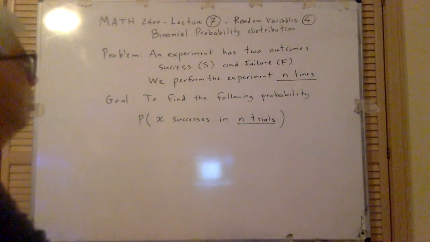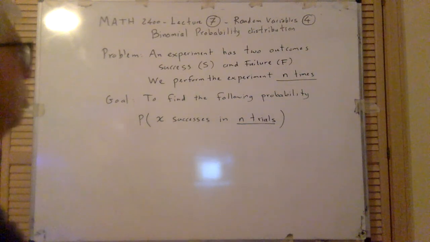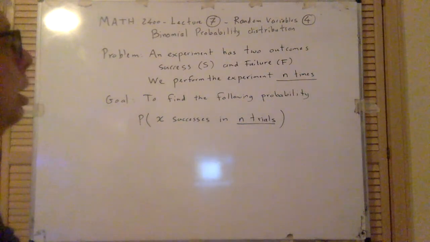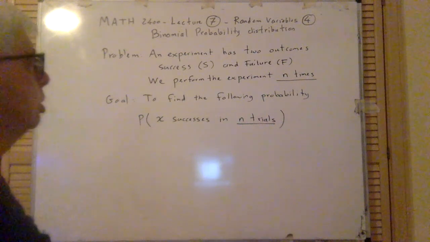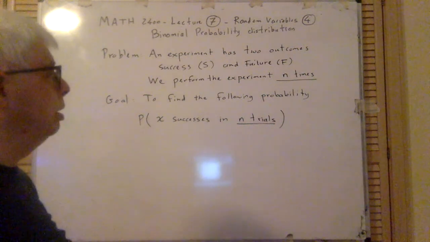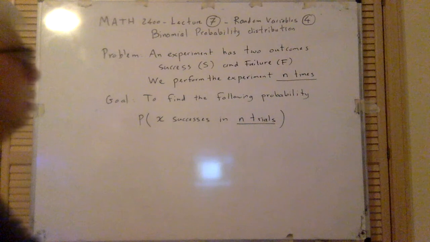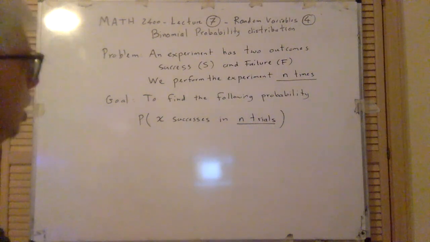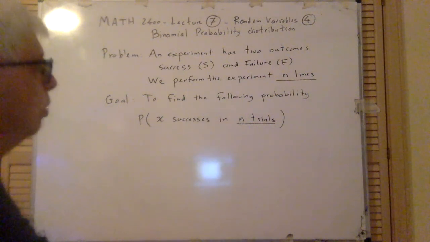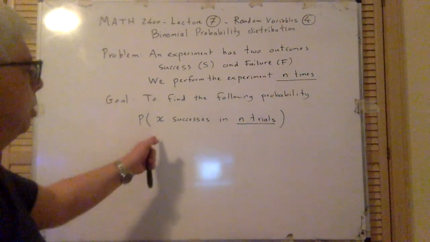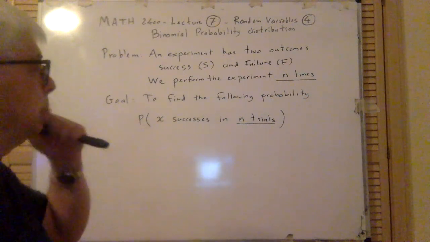So, what is the problem? The problem is we perform an experiment and it has two outcomes, success S and failure F. And we do it n times. The goal is to find the probability of X successes in n trials.